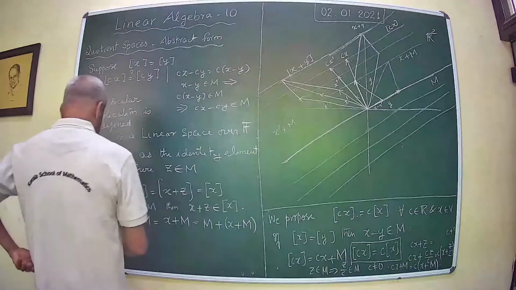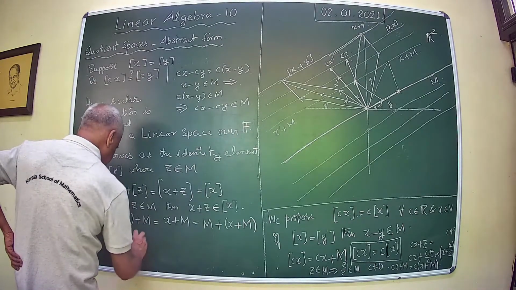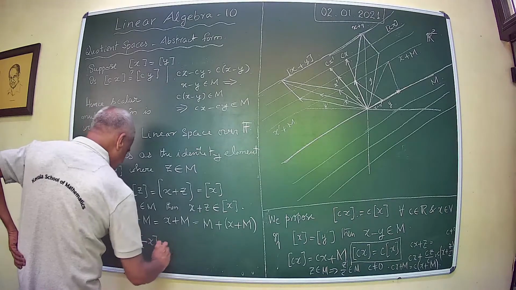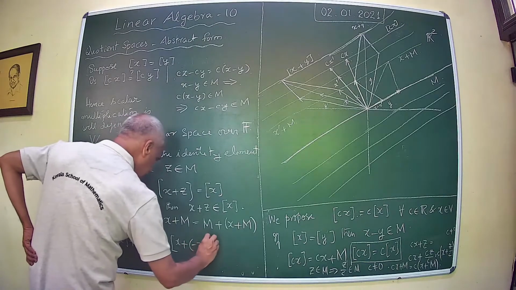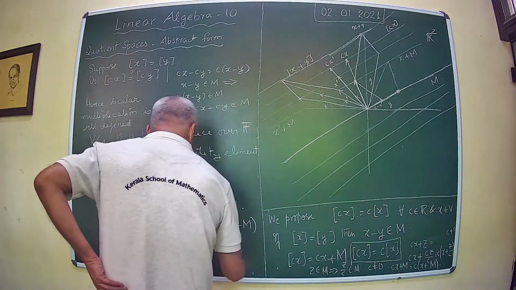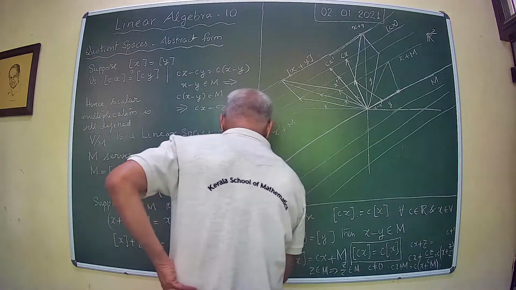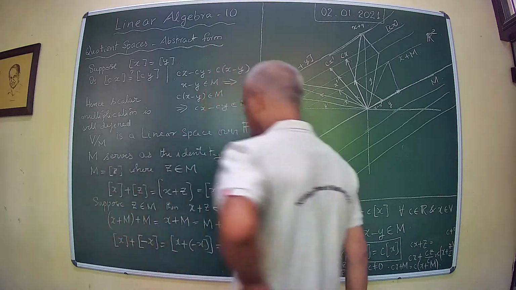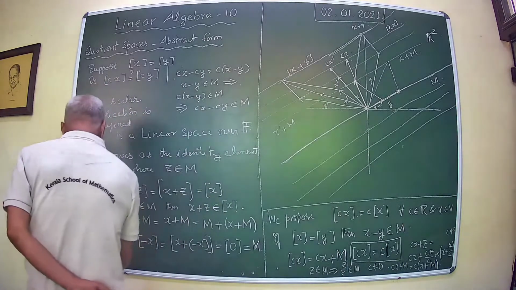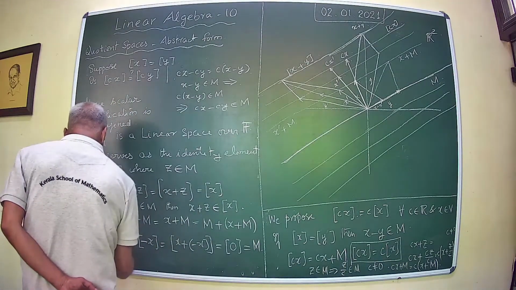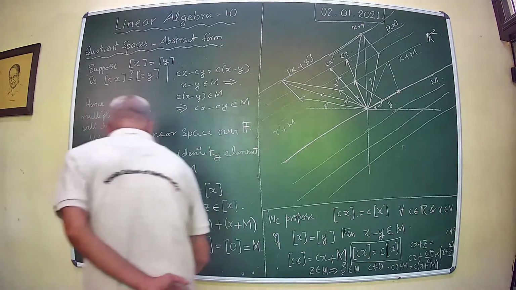Further, you have the zero independent vector space. Therefore, for x plus M, you have minus x plus M as the inverse.